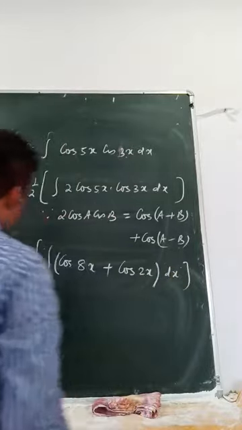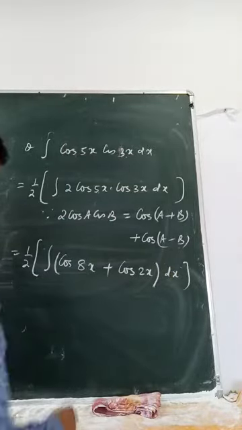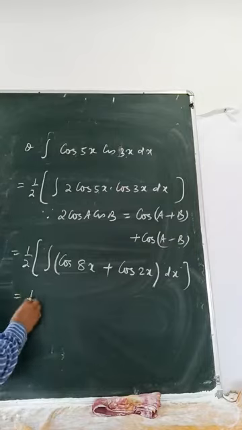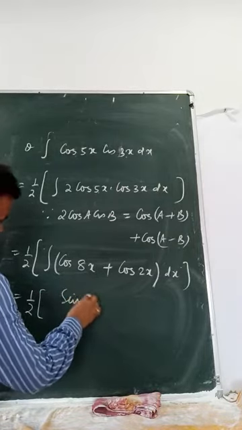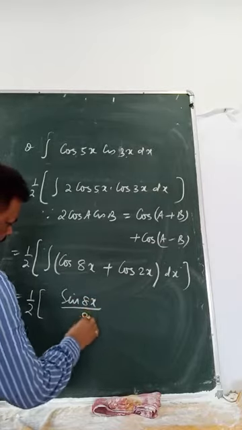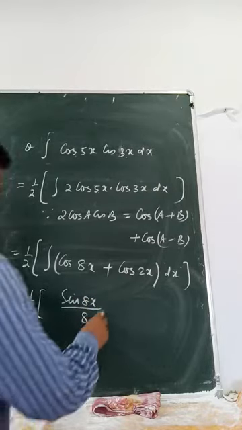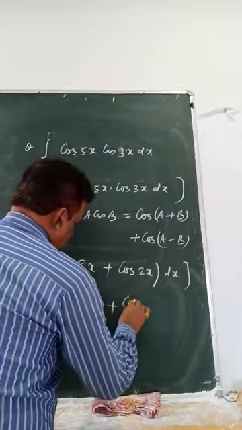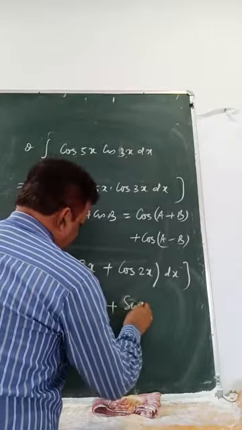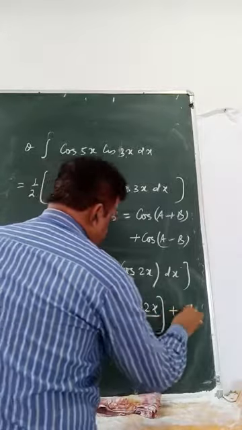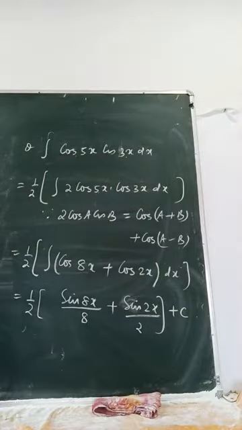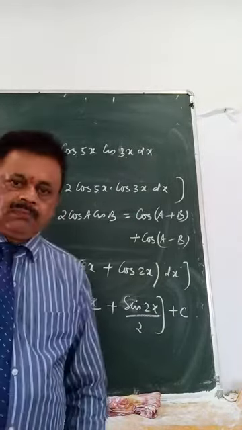Then the integration of cos gives half of sin 8x divided by 8, then sin 2x divided by 2, plus a constant.